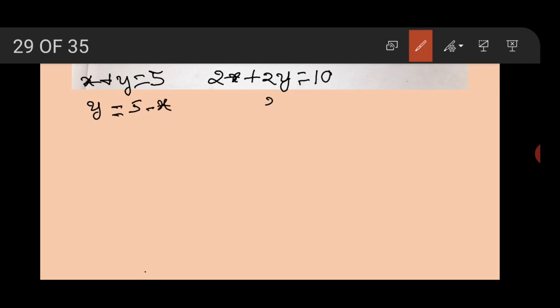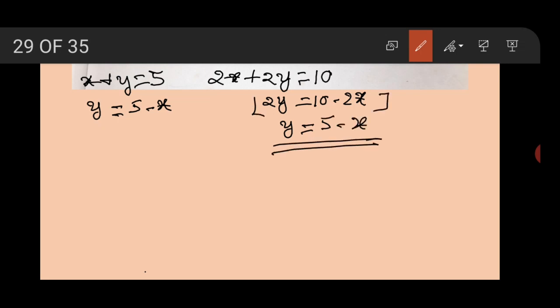Here 2y is equal to 10 minus 2x. Therefore, what is the value of y? If you take the common factor outside, then you will get the same value, right? y is equal to 5 minus x, right? If you divide the equation by 2, then you will get the same.